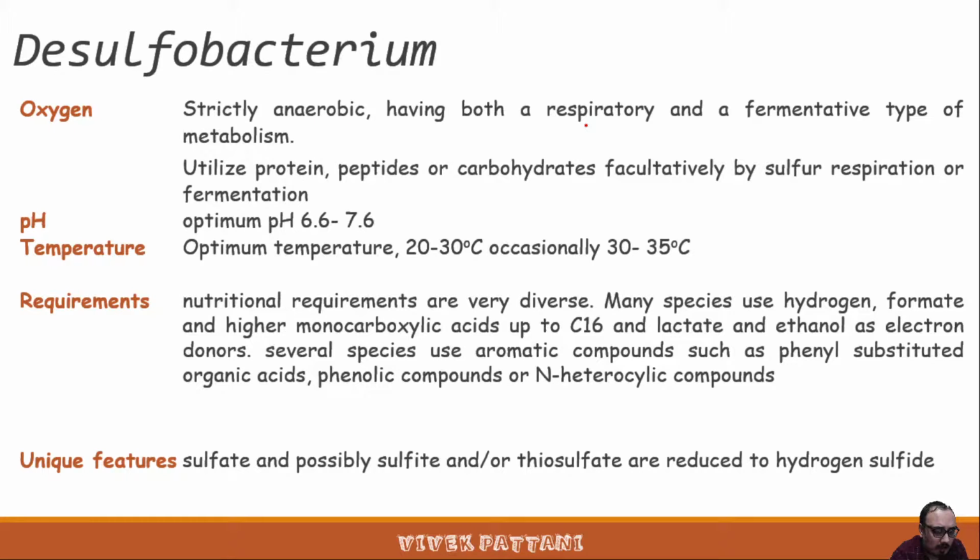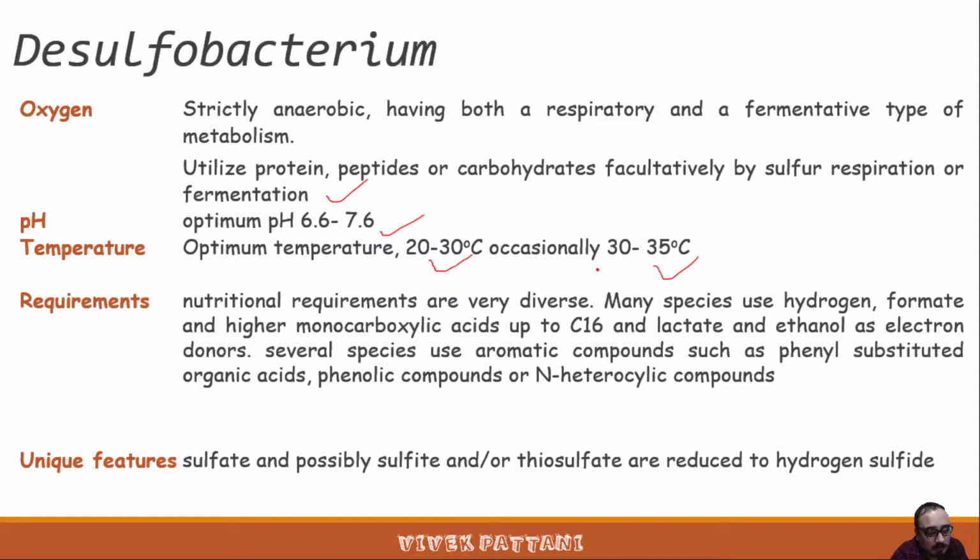They have both fermentative and respiratory metabolism, and respire using sulfates. They utilize proteins, peptides, and carbohydrates facultatively by sulfur respiration or fermentation, and have a pH optimum ranging from 6.6 to 7.6. Their optimum temperature is around 20 to 30 degrees Celsius, and occasionally they may grow up to 35 degrees Celsius.